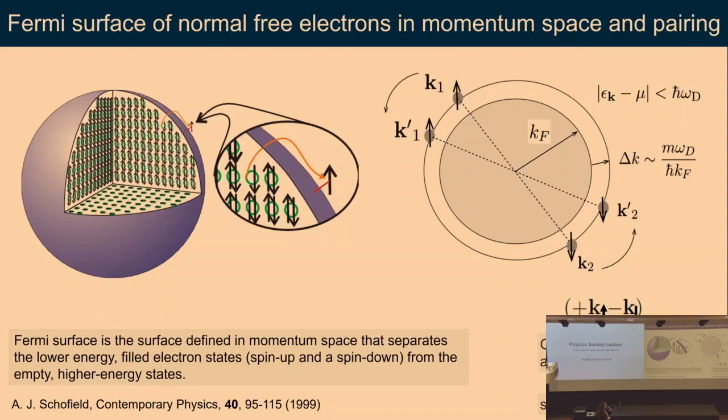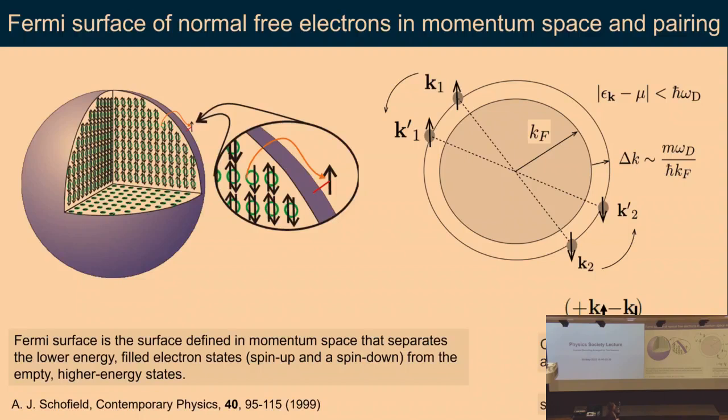In a superconductor, the states which participate in pairing are those within a shell of energy equal to ħω_D, the Debye energy, away from the chemical potential. So these are the electrons in the vicinity of the Fermi level, which feel this interaction and lead to the pairing of electrons.